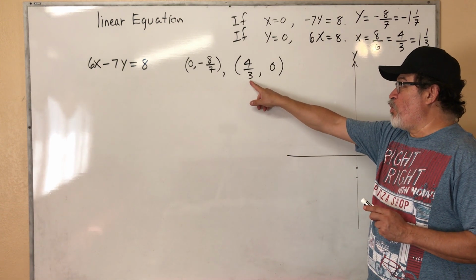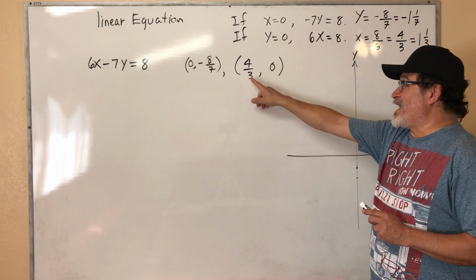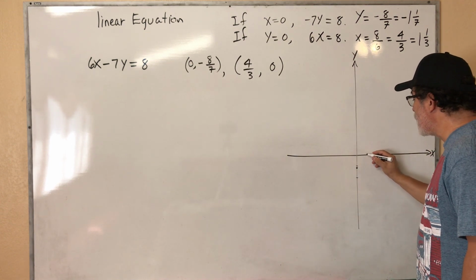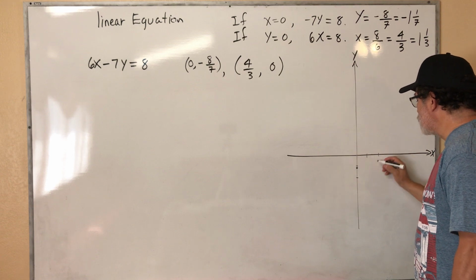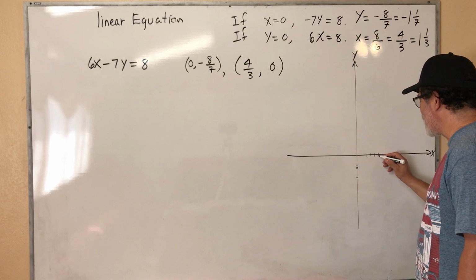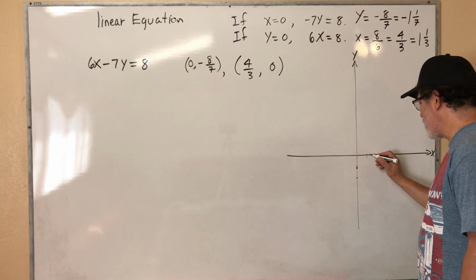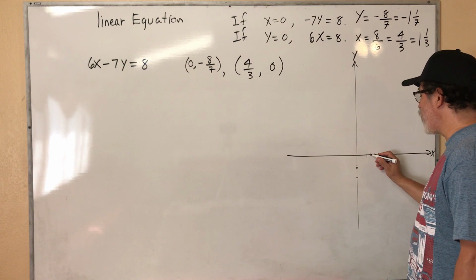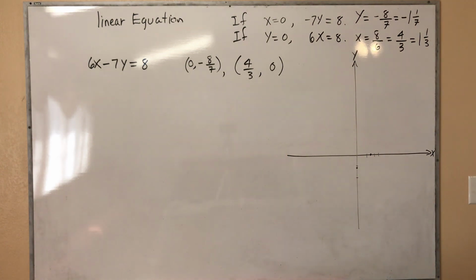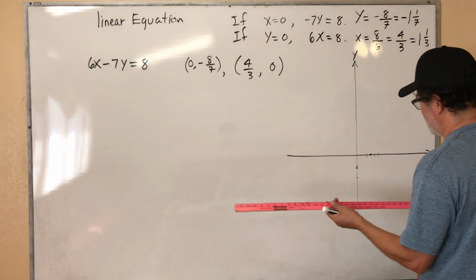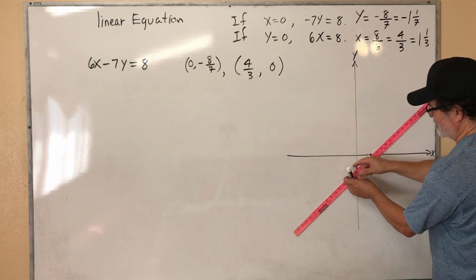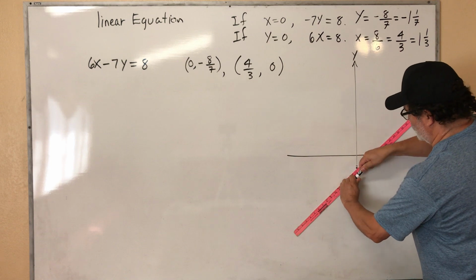When x is 1 1/3, y is 0. When x is 1, x is 2, this is 1, this is 1 1/3, this is 1 2/3, this is 1 3/3, which is 2. So right there, when x is 1 1/3, y is 0. Okay? Connect those 2 points with a straight line.